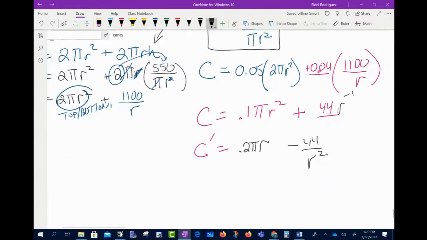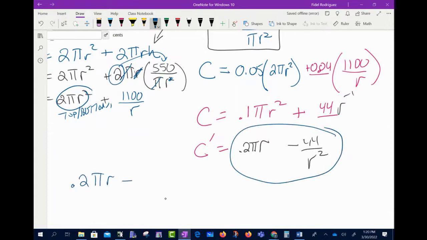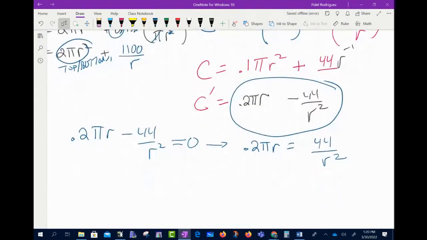Now the way we're going to find our critical values is we're going to take this derivative and set it equal to 0. So that means 0.2 pi r is equal to 44 over r squared. Remember what we did before? We thought about that over 1, and we cross multiplied.